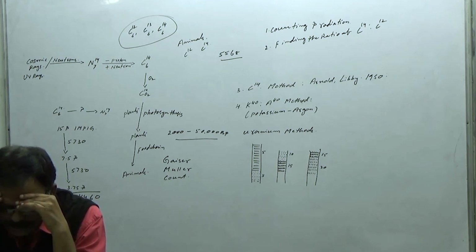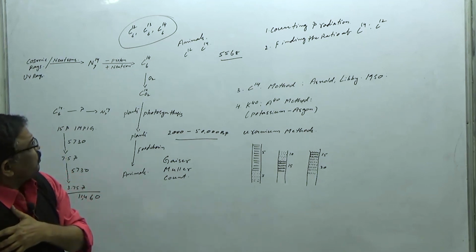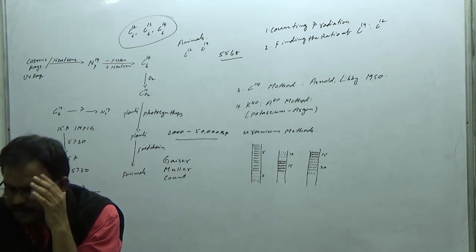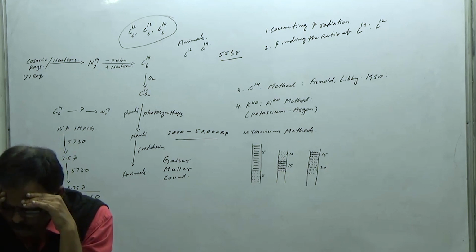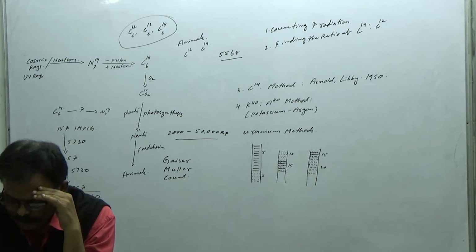By 5568 years, 50%, or half of C14, converts into C12.